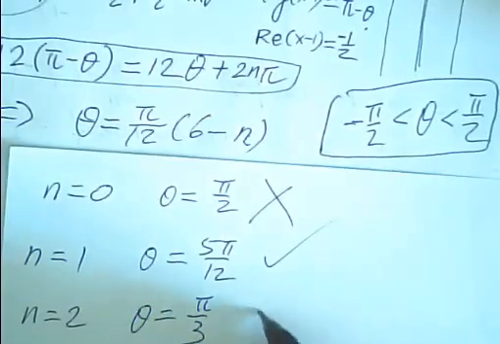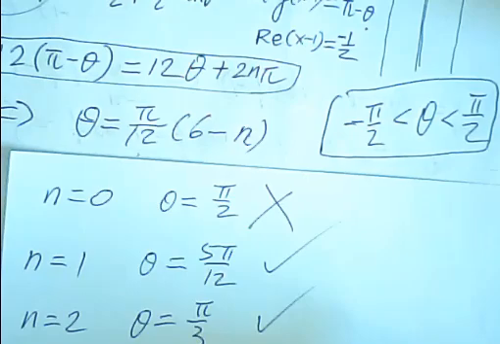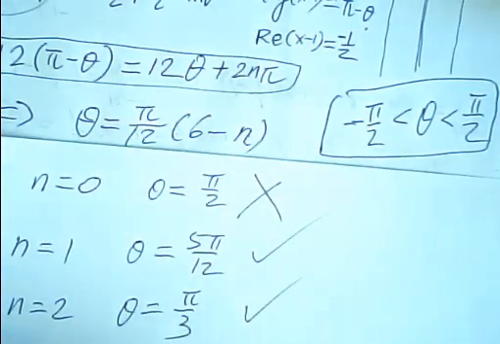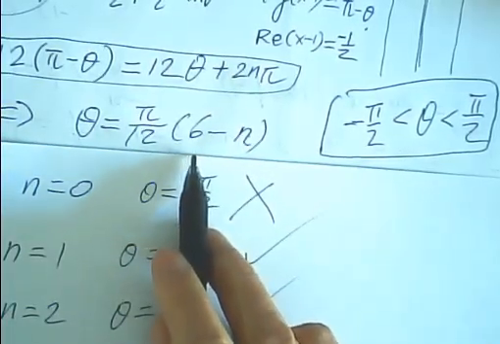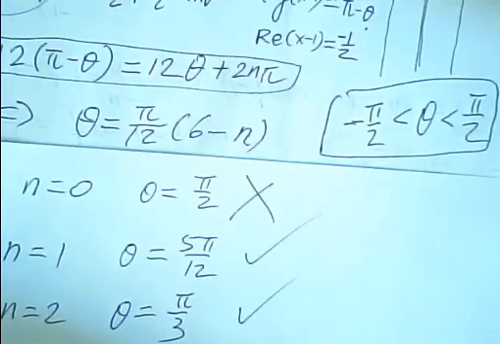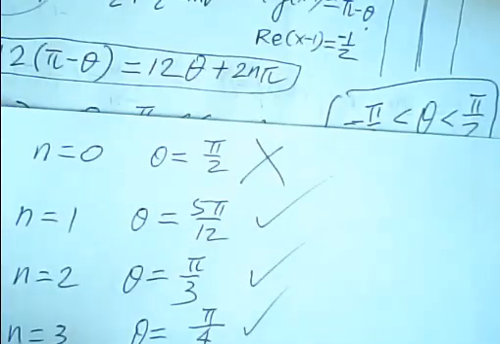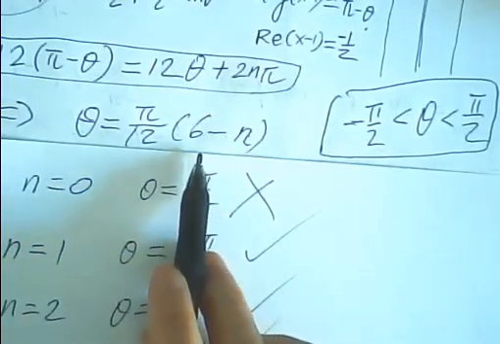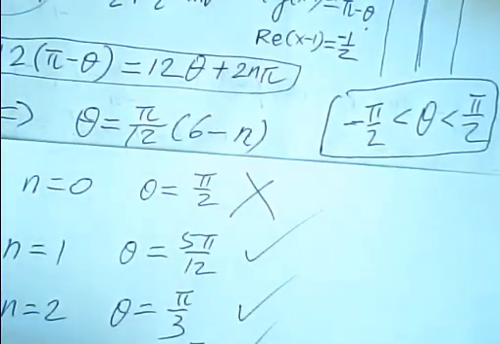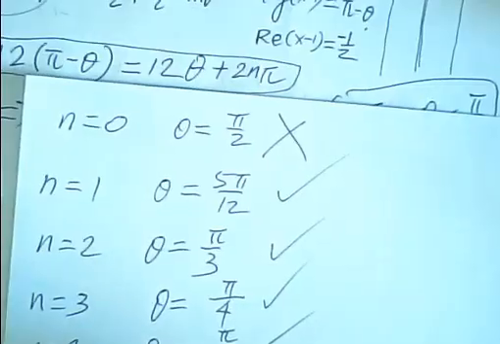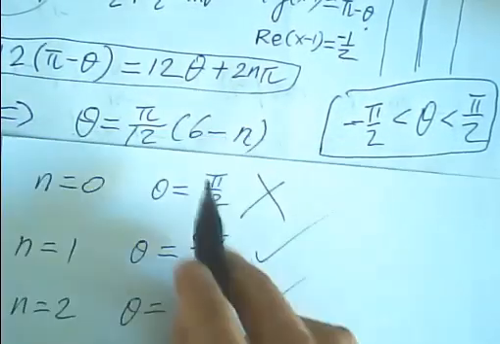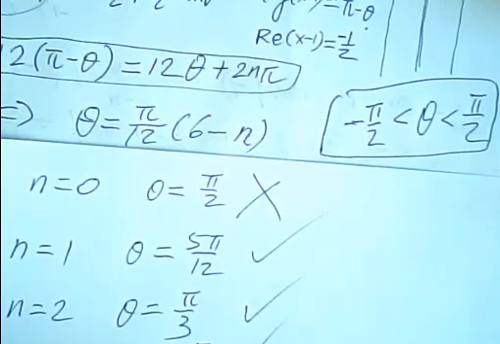Third pi is okay. N equal to 3, that will be a quarter pi. That's good. N equal to 4 will be pi over 6. It's good. N equal to 5, theta will be pi over 12. That's good.